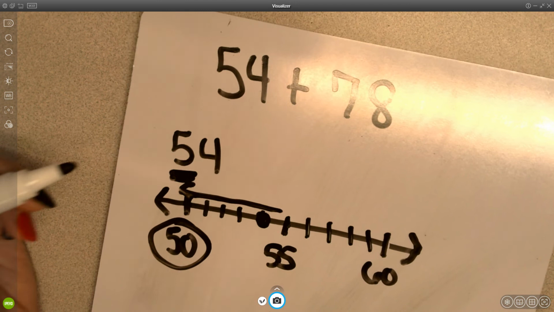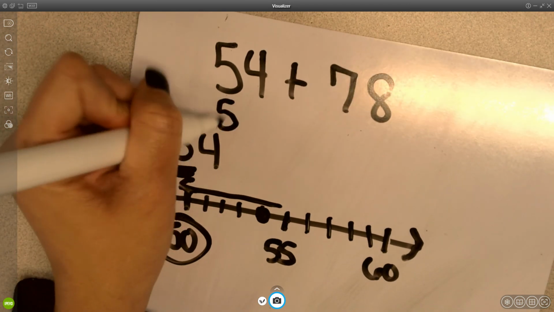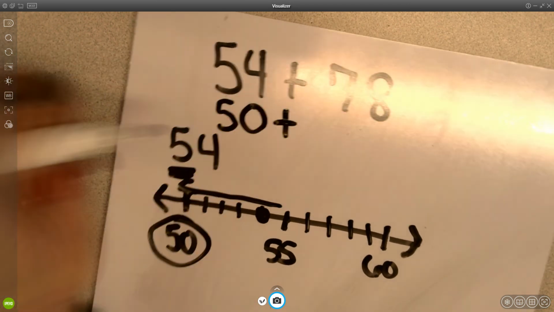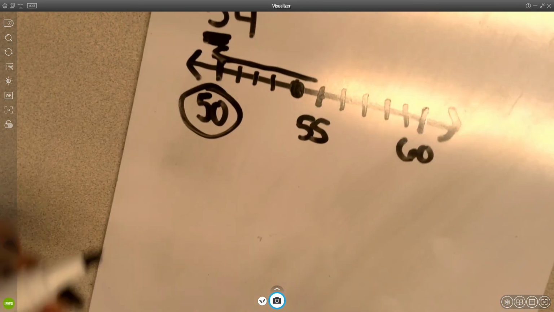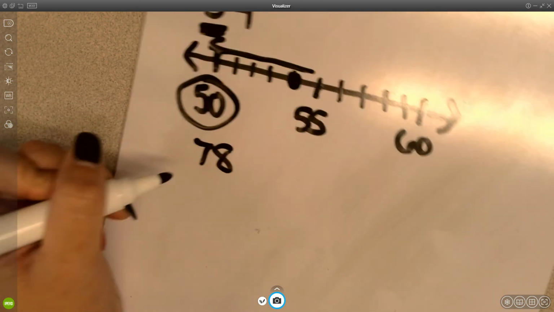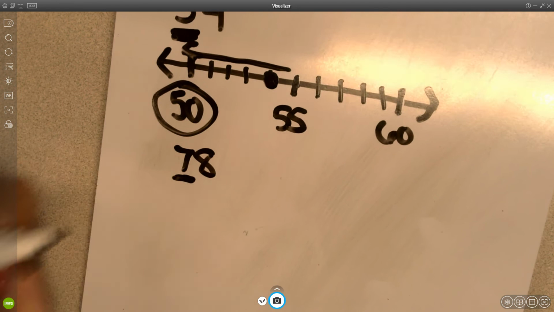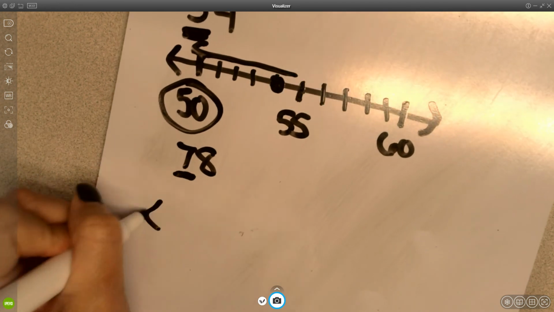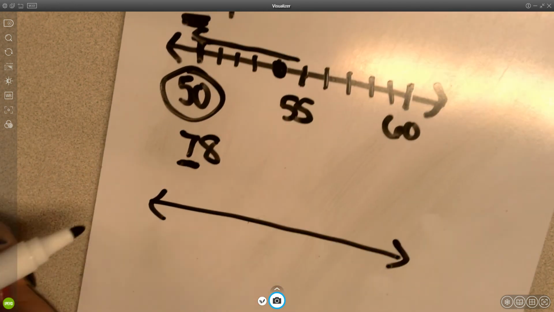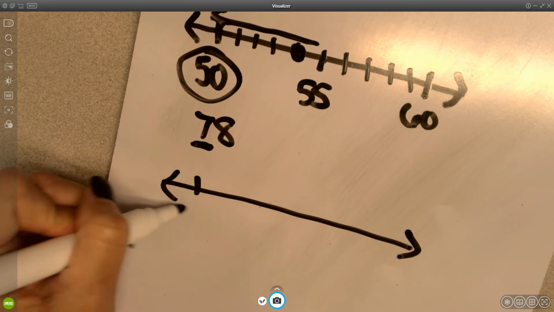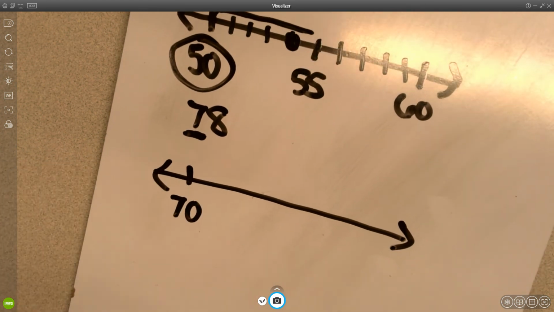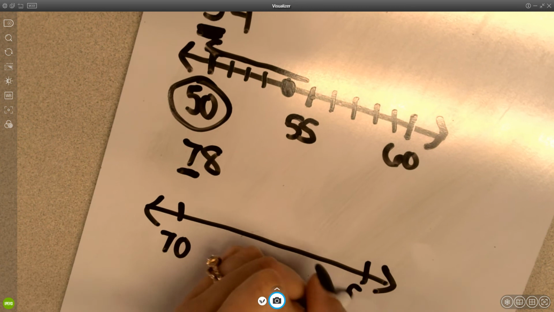When I round 54 to the nearest 10, it is 50. Now I need to round 78 to the nearest 10. That 7 is my tens place, so that is going to tell me what my first number will be. 7 tens is 70, and then the next higher 10 is 80.